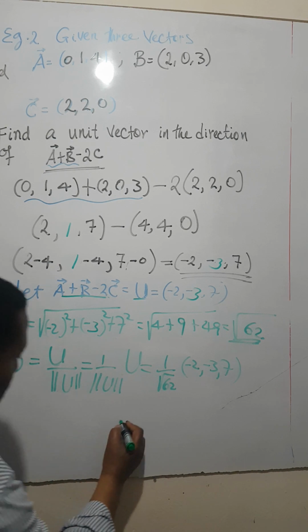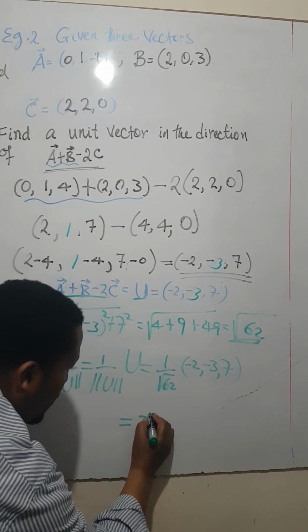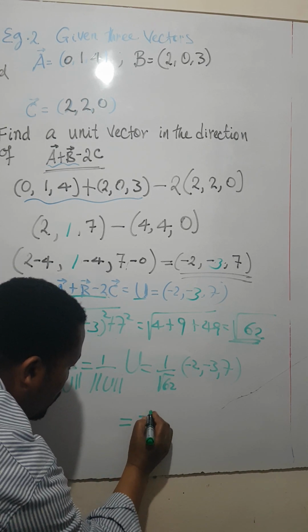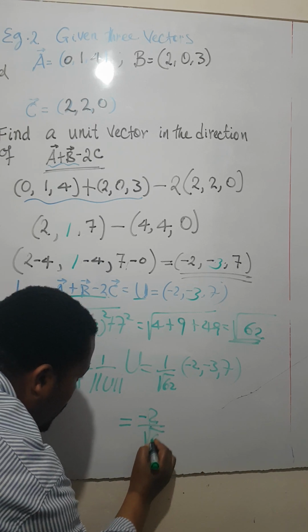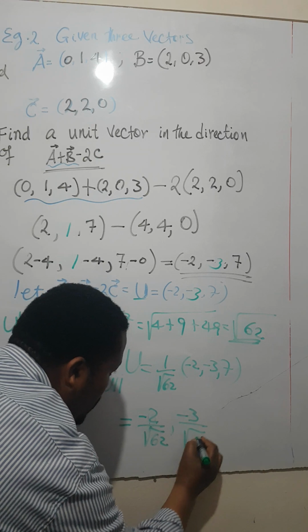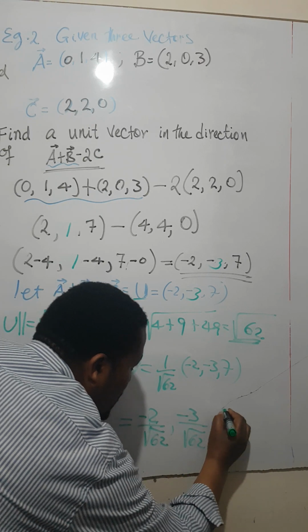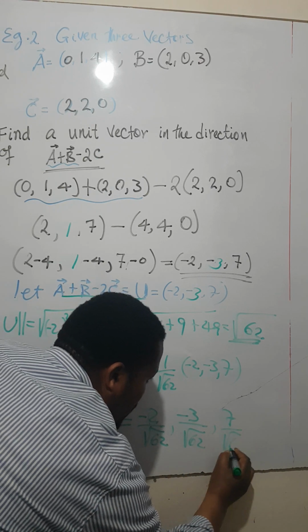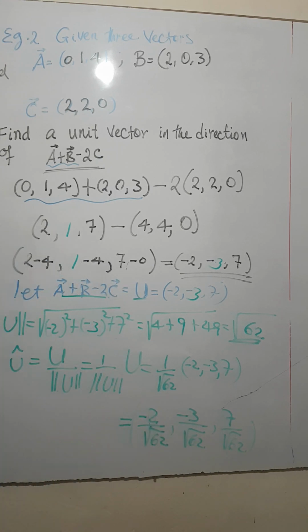Expanding it, this is equal to negative 2 over square root of 62 comma negative 3 over square root of 62 comma 7 over square root of 62. This is the unit vector along this vector.